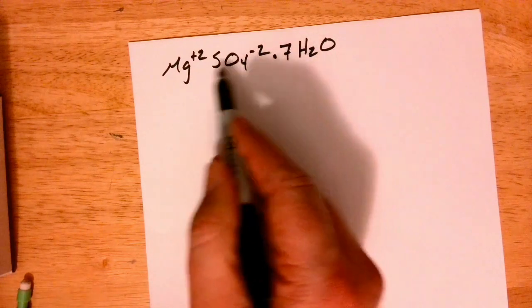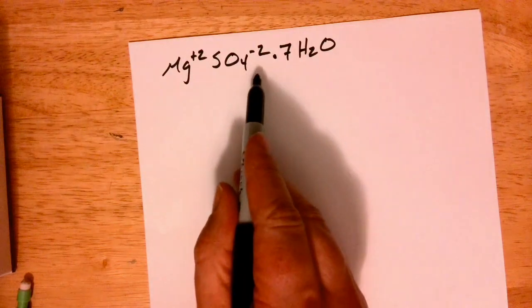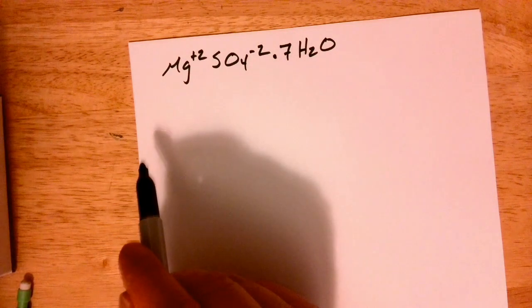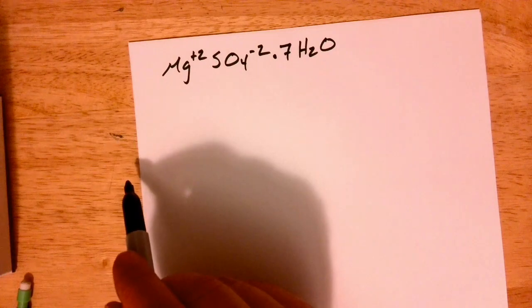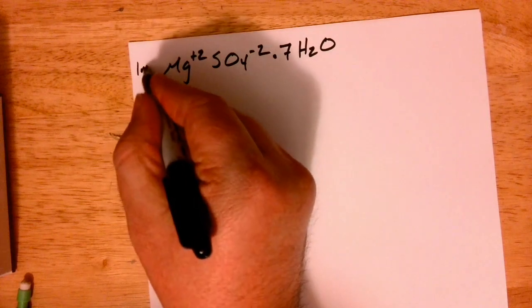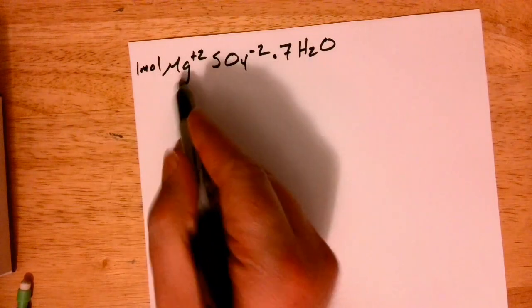So we're going to find out what is the weight of this whole thing. And later on, we're going to be using this for a couple other things, so you'll see this come up a little bit more in the future. So let's do this again. If you have 1 mole of magnesium sulfate, you're going to have 1 mole of magnesium.